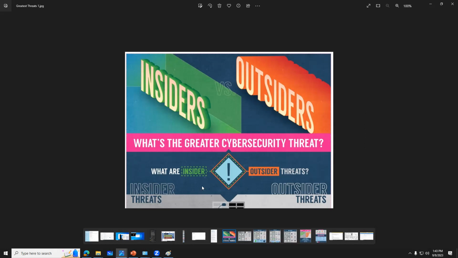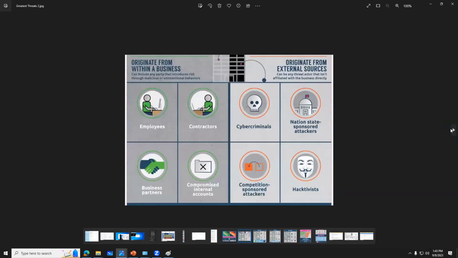As far as outsiders, this is a helpful set of graphics where it talks about the differences between internal and external sources. Contractors, that's a huge one. You'll have partners that work with you in an organization, and sometimes it's the outside people who work with you that have nasty stuff on their tech, and it affects you, right?